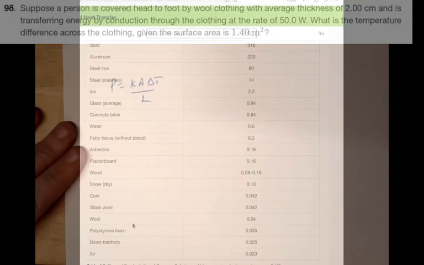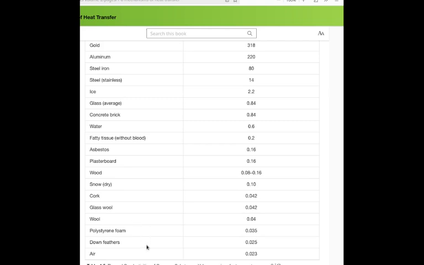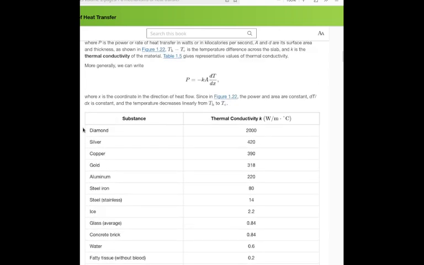I've got a table of it here from OpenStax, and it's in units of watts per meter degree Celsius. And you'll see here they also show writing it as a derivative, so you can calculate at a particular depth in a material what the temperature might be for a given power out.